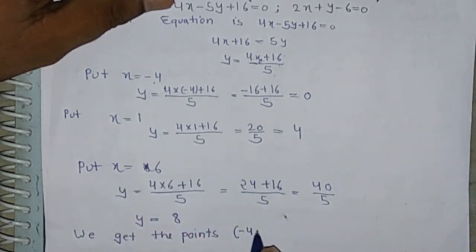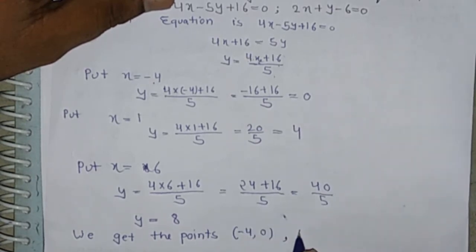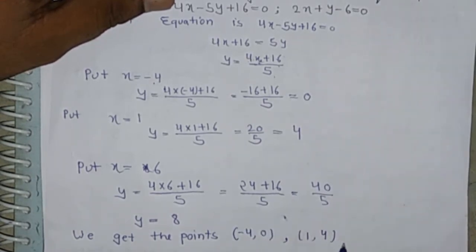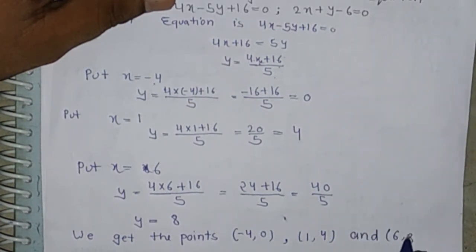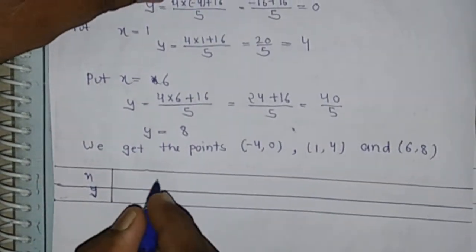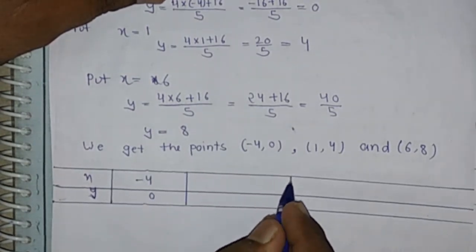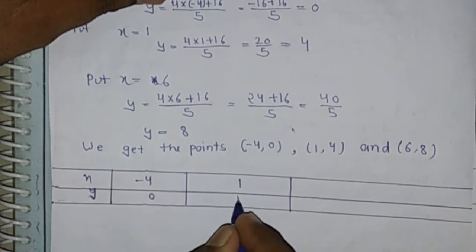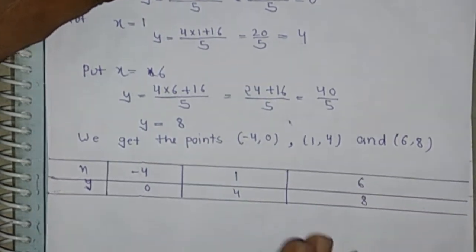When x equals minus 4, the value of y is 0. When x equals 1, the value of y is 4. When x equals 6, the value of y is 8.